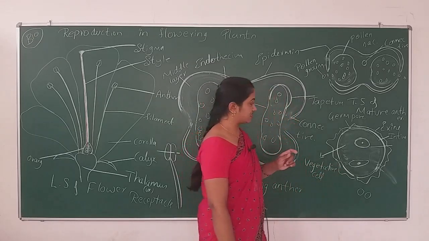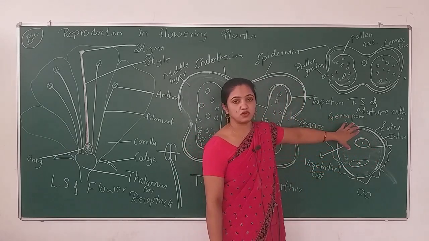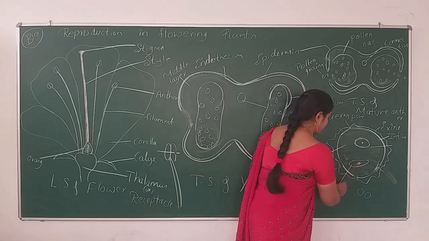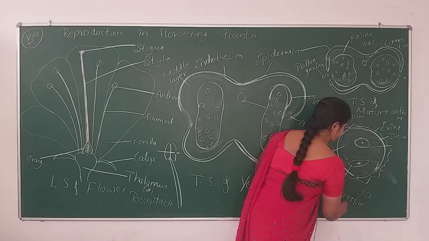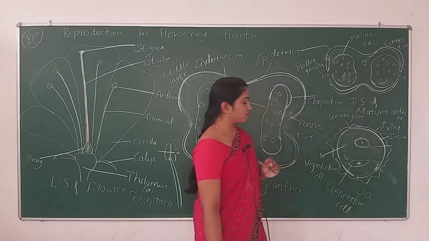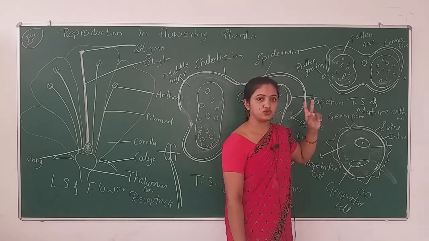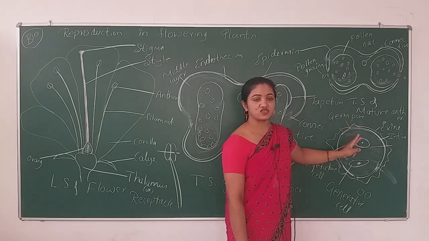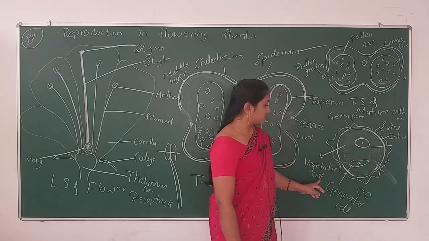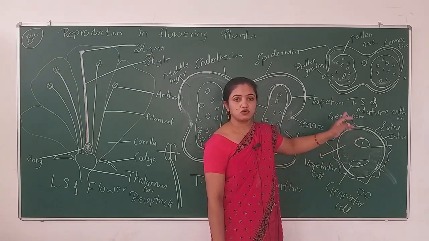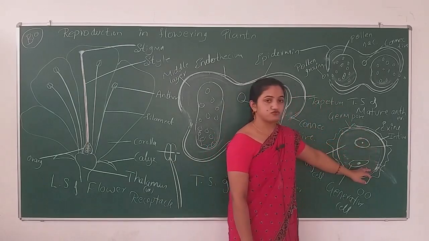The function of the vegetative cell is that it helps in the germination of the pollen tube when the pollen grain sits on the stigma. And this is the generative cell. By the time the pollen tube grows, the generative cell divides into two. Those two cells are known as male gametes. The vegetative cell does not get involved in the reproduction, or in the fusion.